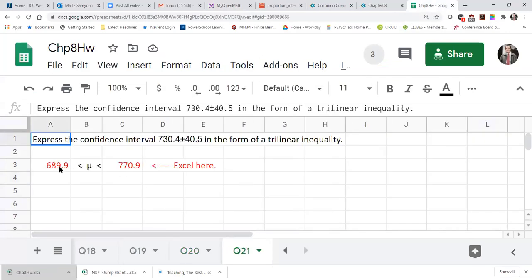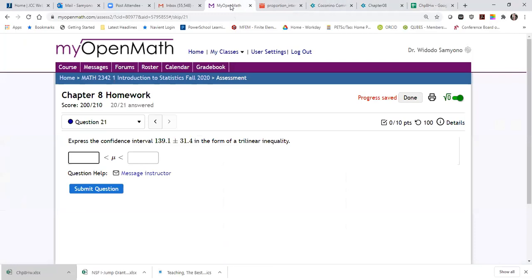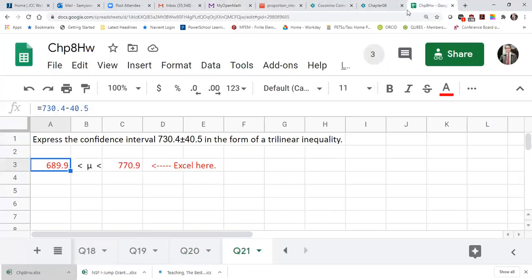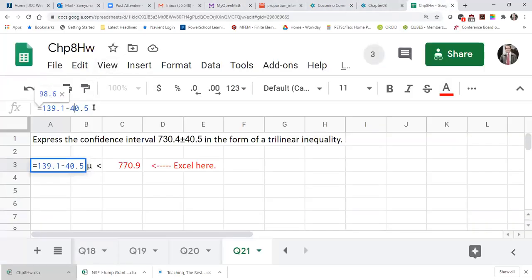So on the left side, you subtract 139.1 subtract with 31.4, right? Enter.